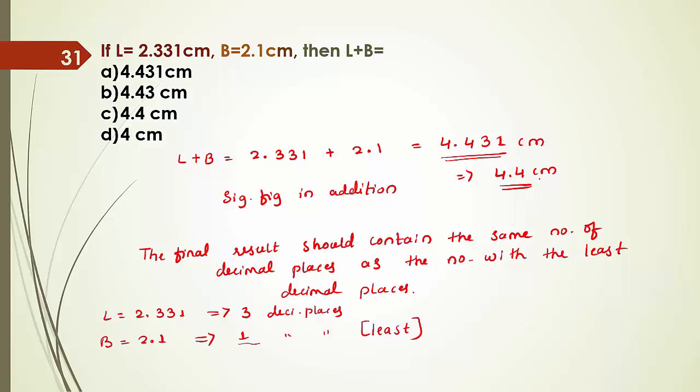Because after the point only one decimal place should be present, as the least decimal place is 1. So we have to round off the number. Here 3 is less than 5. If it is less than 5, then the previous number remains constant. So 4.4 centimeter is the right answer. Which is the right option? 4.4 centimeter. Option C is right.